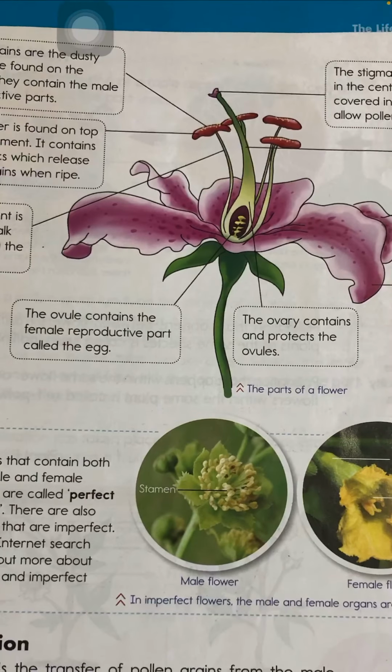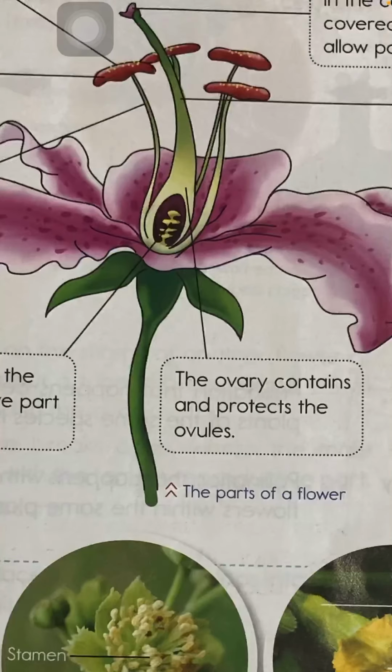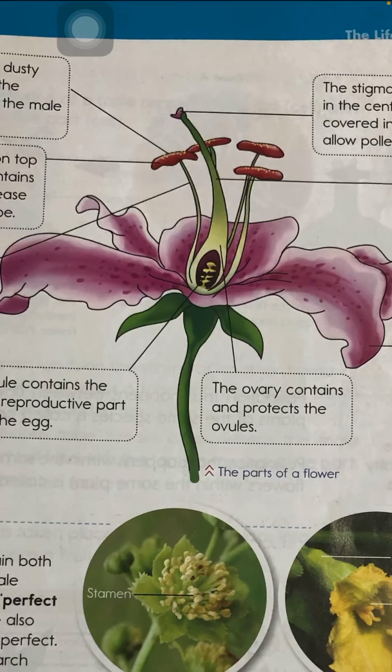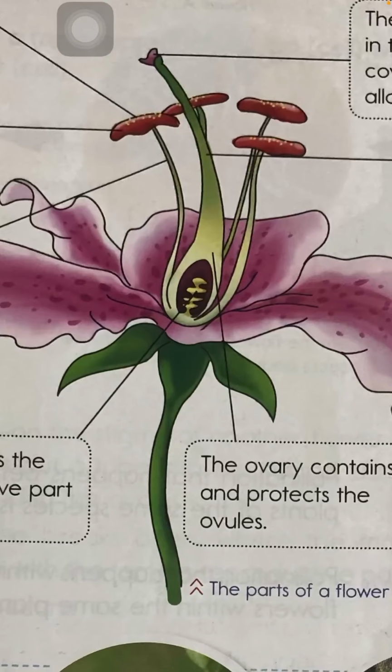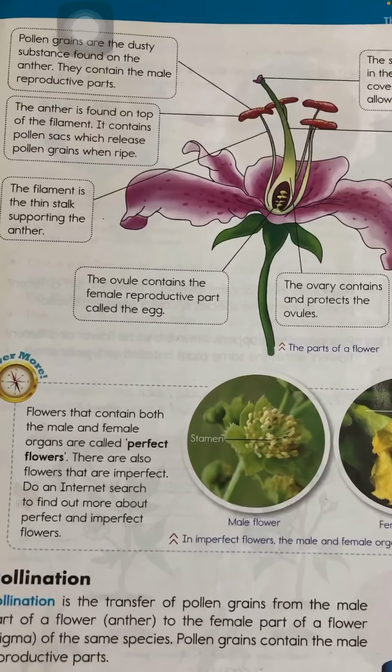After blooming, these are the colorful petals. In the middle there is the carpel, the female reproductive part, surrounded by the male reproductive part. You also draw this diagram and label it.